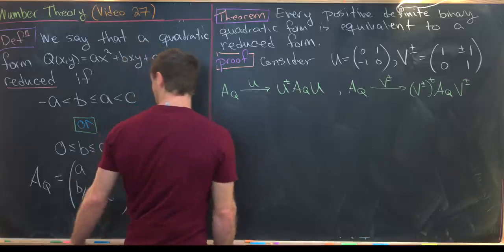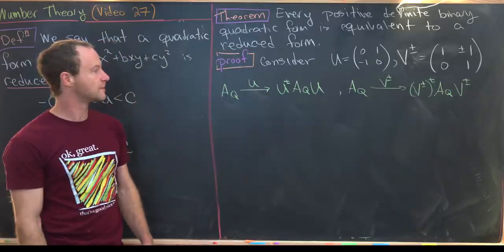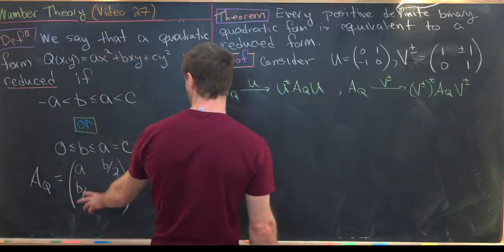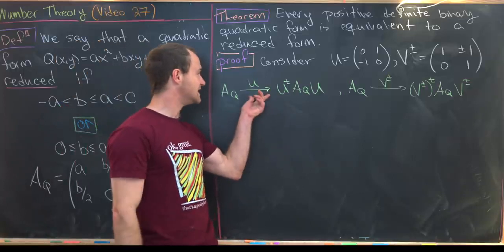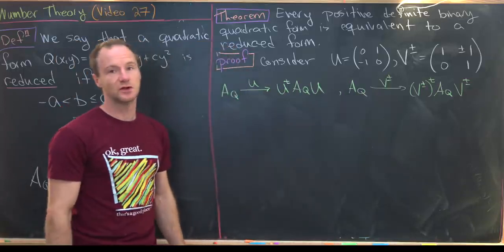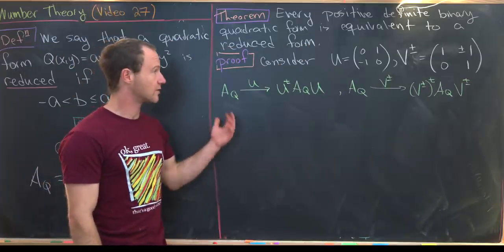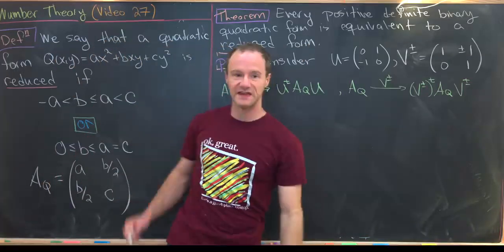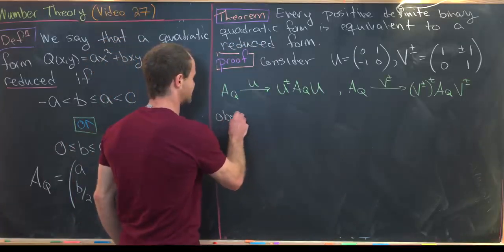Okay, so now we've set A_Q equal to this object right here, and these numbers are arbitrary at the moment. What we want to do is apply these 2 operations, which notice leave you with an equivalent quadratic form, until one of these is satisfied. So let's start with the following observation.